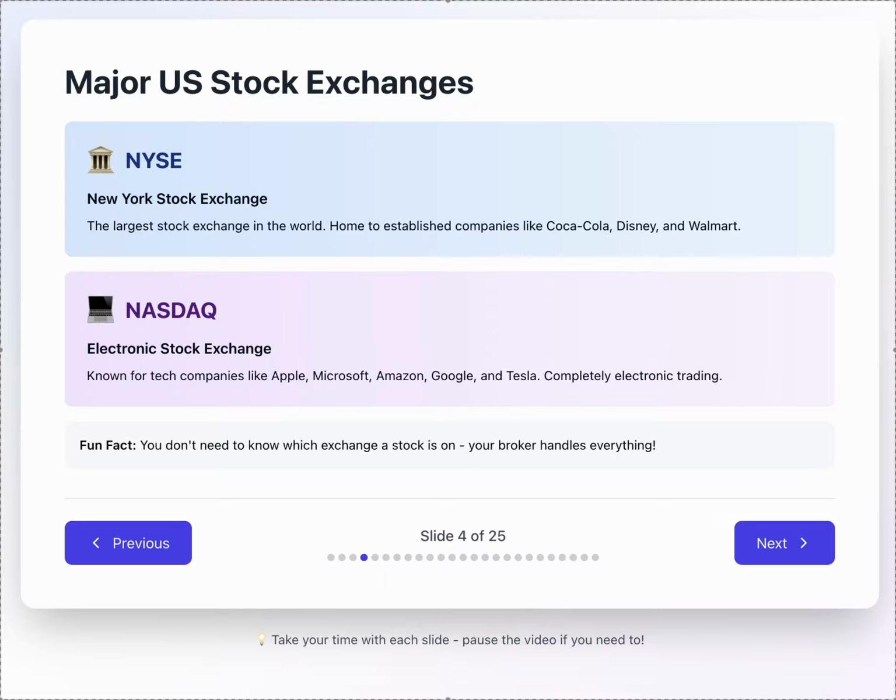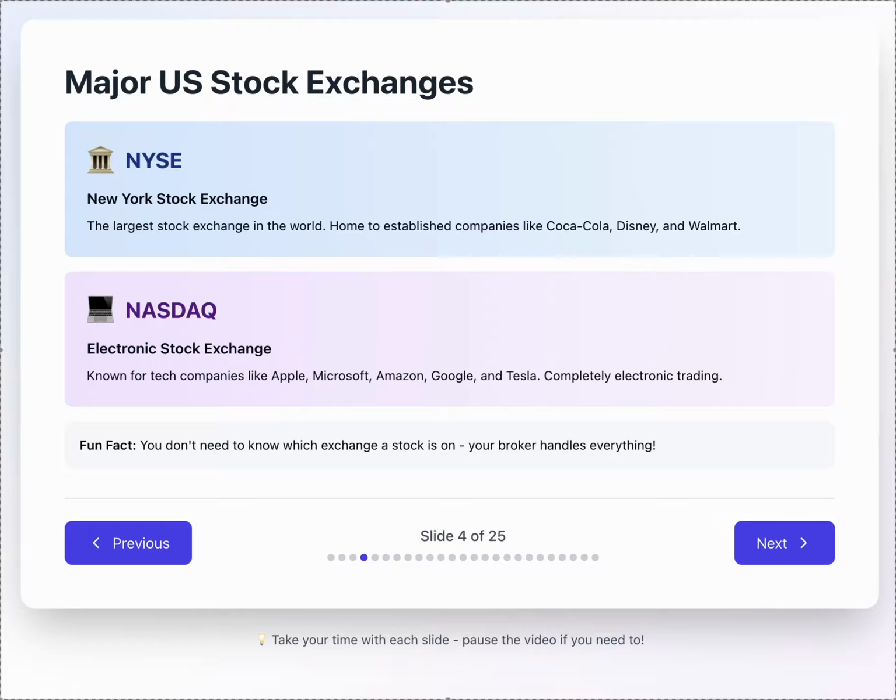The New York Stock Exchange is home to a lot of established traditional companies like Coca-Cola, Disney, and Walmart. Then we have Nasdaq, which is a completely electronic exchange, there's no physical trading floor. It's all done through computers.